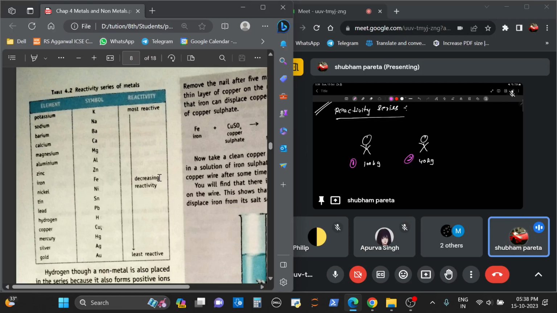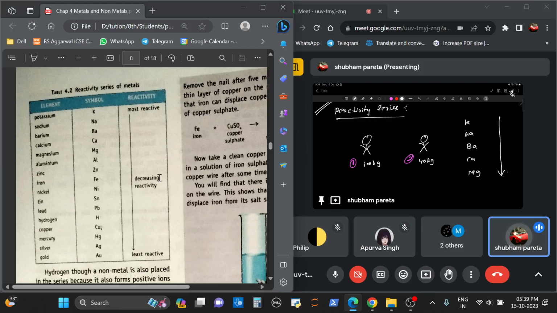Similarly, in terms of metals also, there are powerful metals and less powerful metals, and we can explain this with the help of the reactivity series. Now what is the reactivity series? We can see there is potassium, then sodium, then barium, calcium, magnesium, like this, and from top to bottom the reactivity decreases.